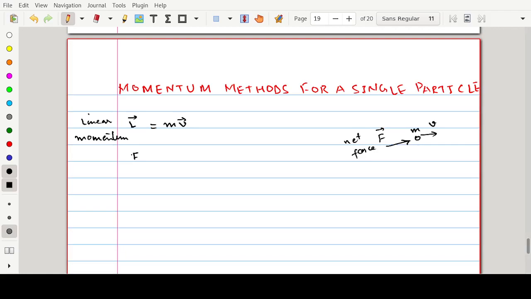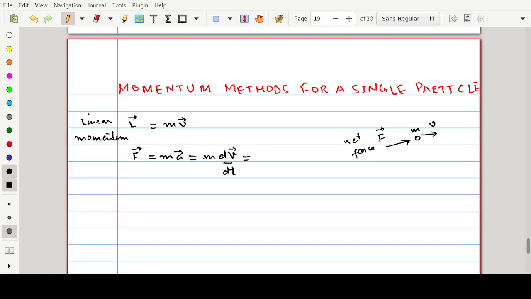Now you know from Newton's second law that the net force acting on a single particle is equal to the mass of that particle times its acceleration, and acceleration is nothing but the time derivative of the velocity of the particle.